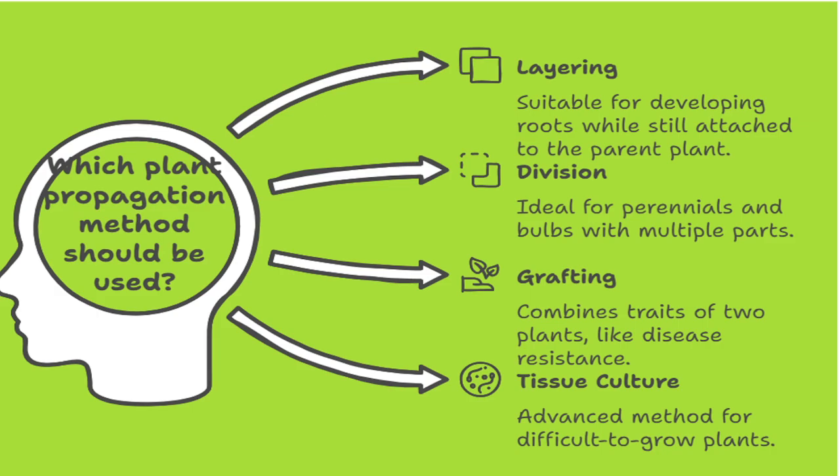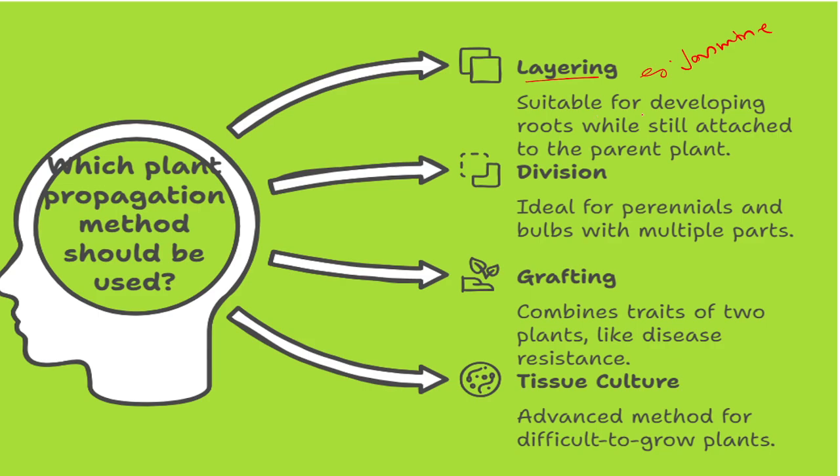When we follow the layering method, it is suitable for which plant? The example is jasmine. What is layering?